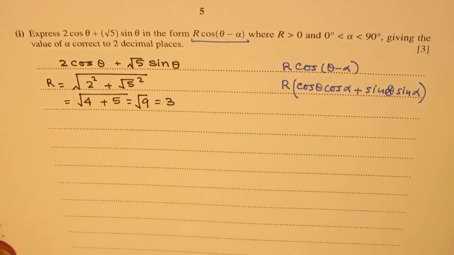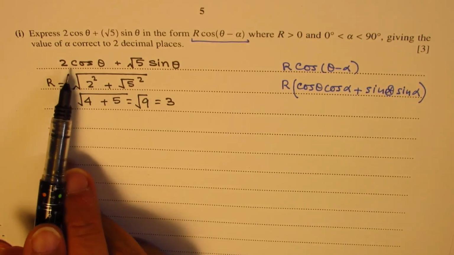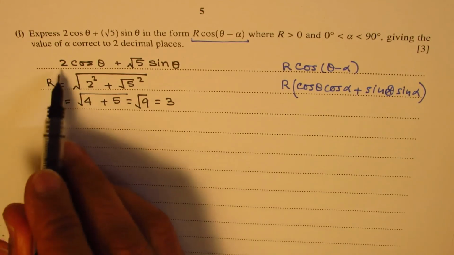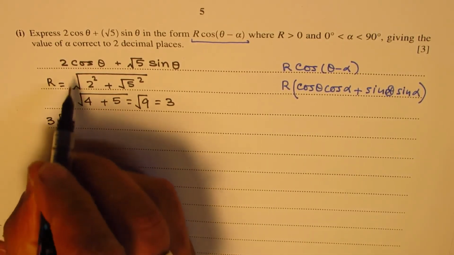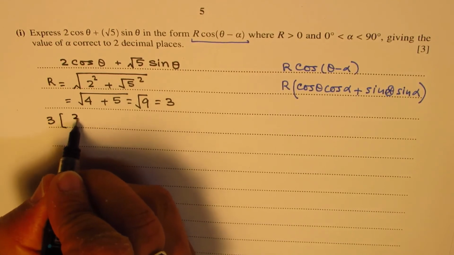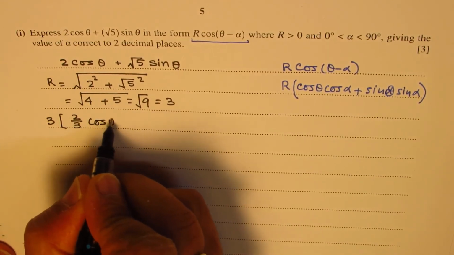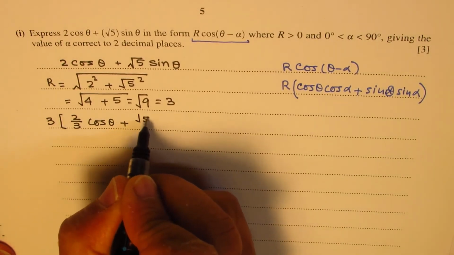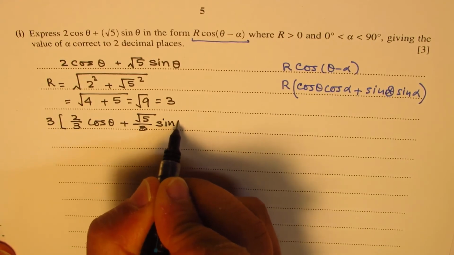So we get the value of r as 3. Now, if I take 3 common in our equation, then what happens? See, if I take 3 common, then I could write this as 2 over 3 of cos theta plus square root 5 over 3 of sine theta. Does make sense to you, right?